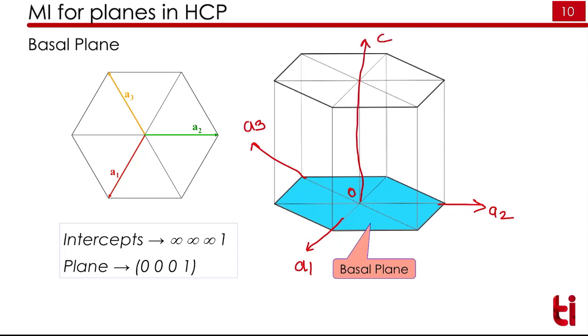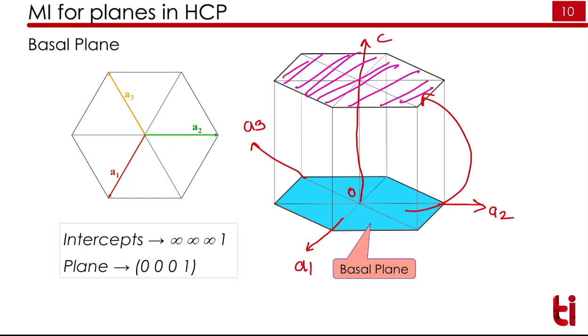Now the plane is going through the origin, so we cannot find the Miller indices; you have to shift the plane to the top side, or you can shift the origin to the top side. In this case, first we will shift the plane to the top side, then the new plane is shown here like this, and the earlier plane will not work.